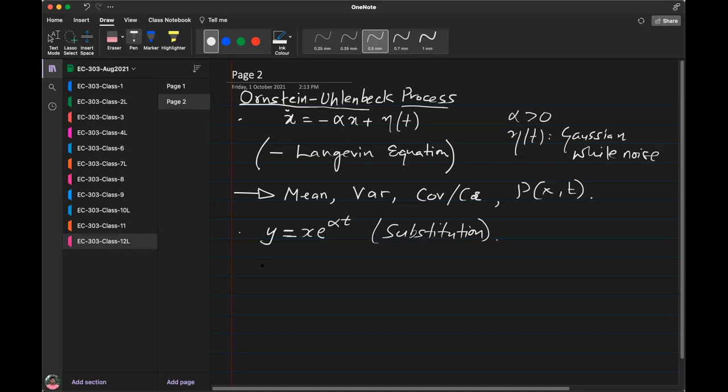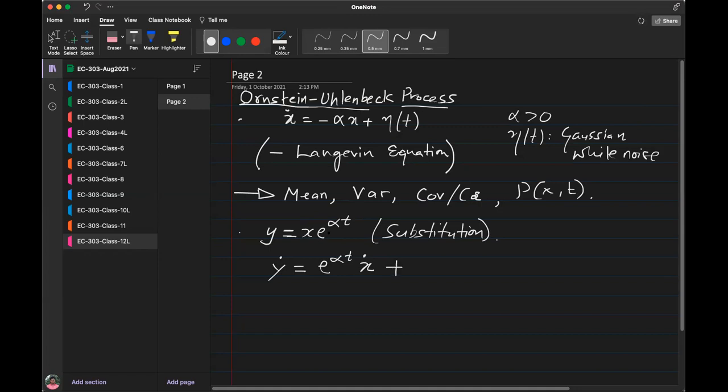If we do this, we can calculate y dot. When you take the derivative of the right hand side with two terms, both of which depend on time, you just have to take turns for each of them. First is the derivative of x, keeping e power alpha t constant.